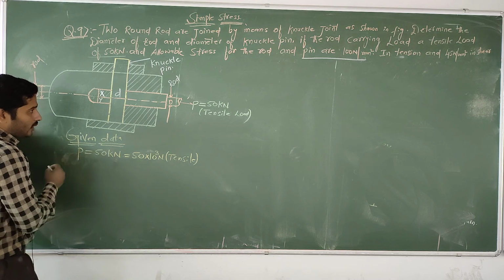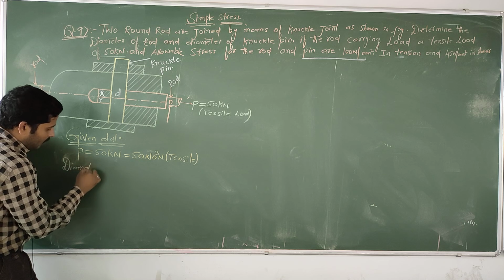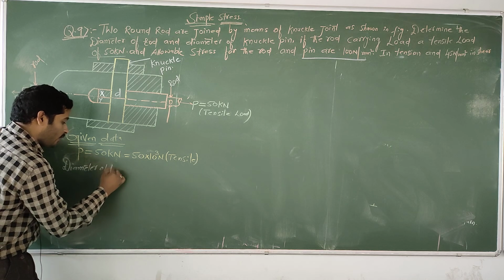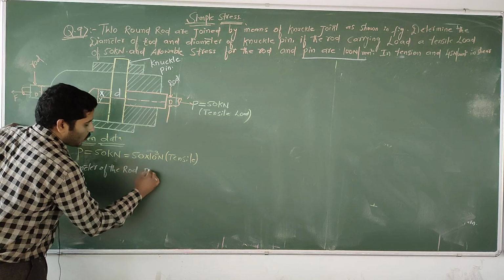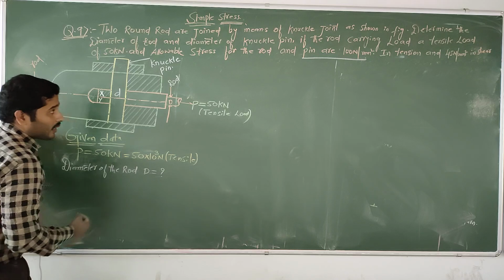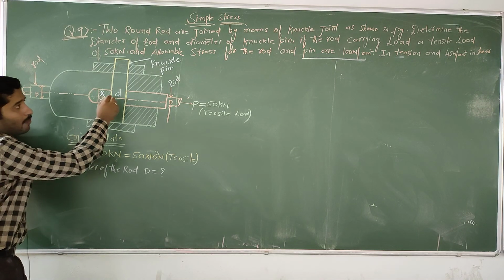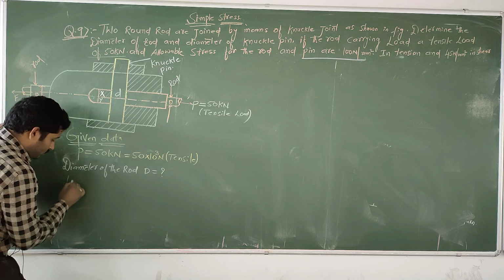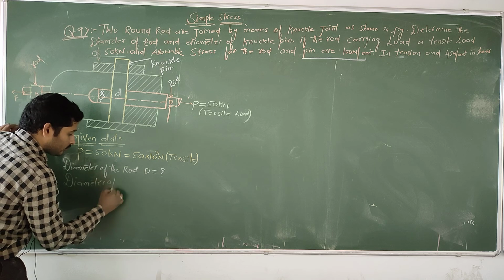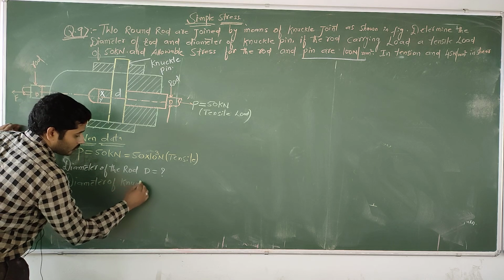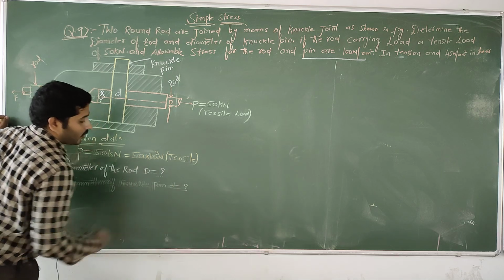We need to find out the diameter of the rod, D equal to, and as well as the diameter of the knuckle pin, small d, we need to find out.